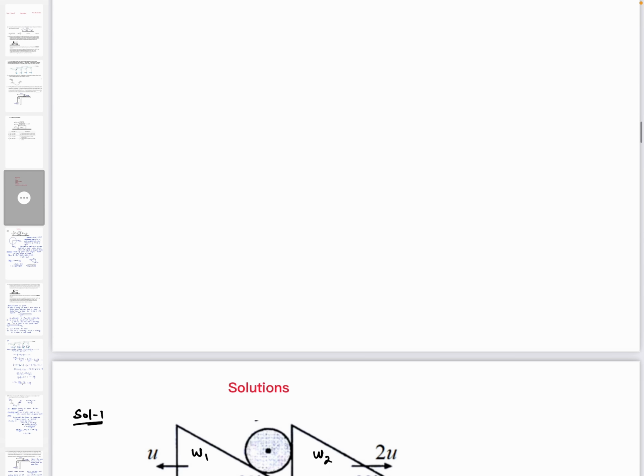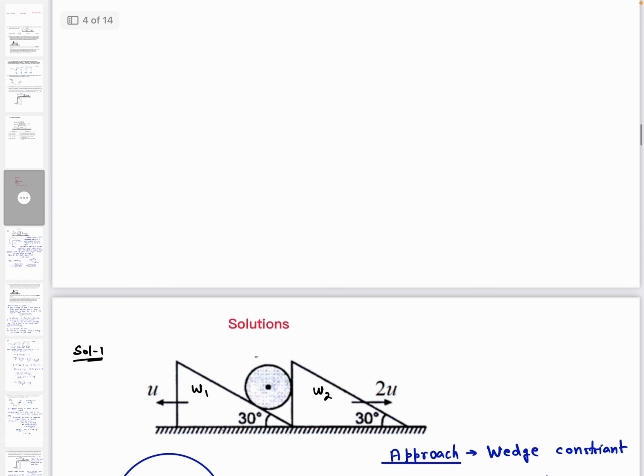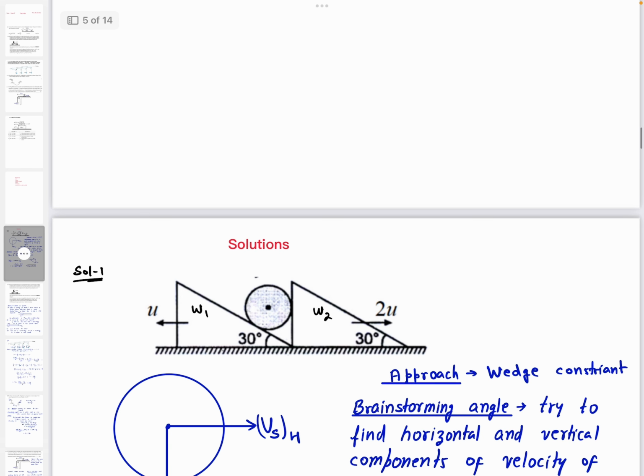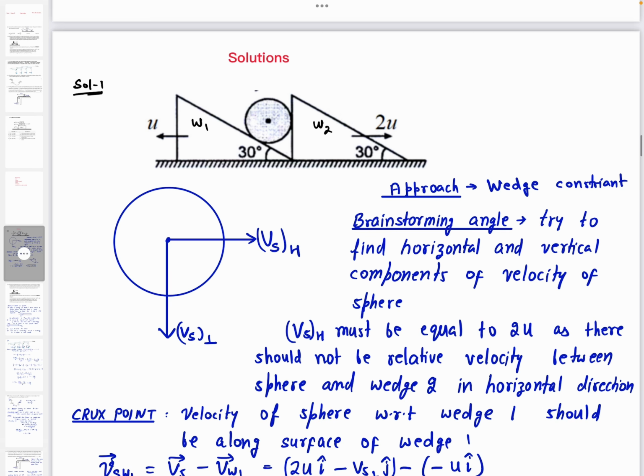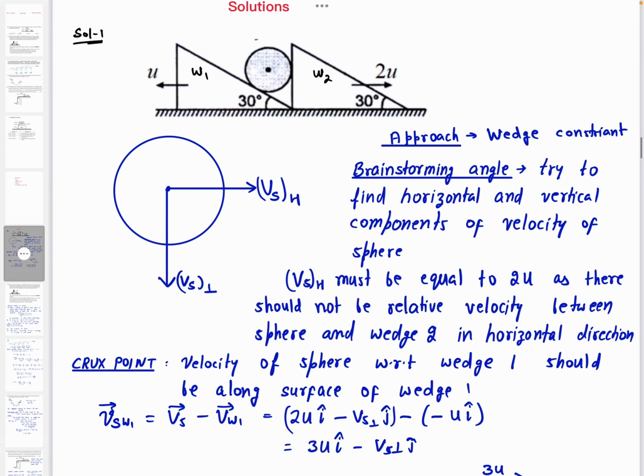Okay. So dear students, now question number one. Obviously it is based on wedge constraint. The total solution I am showing you.